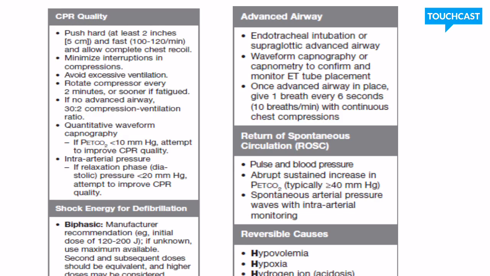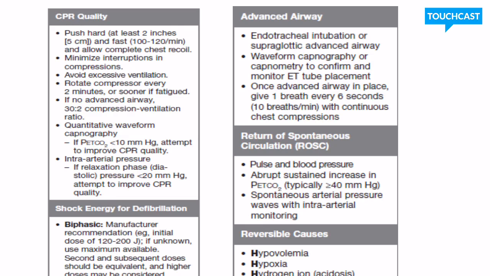High quality CPR is push hard, at least 5 cm depth, and fast. The rate is between 100 to 120 per minute, and allow complete chest recoil. Minimize interruption in compression, avoid excessive ventilation, rotate the compressor every 2 minutes.